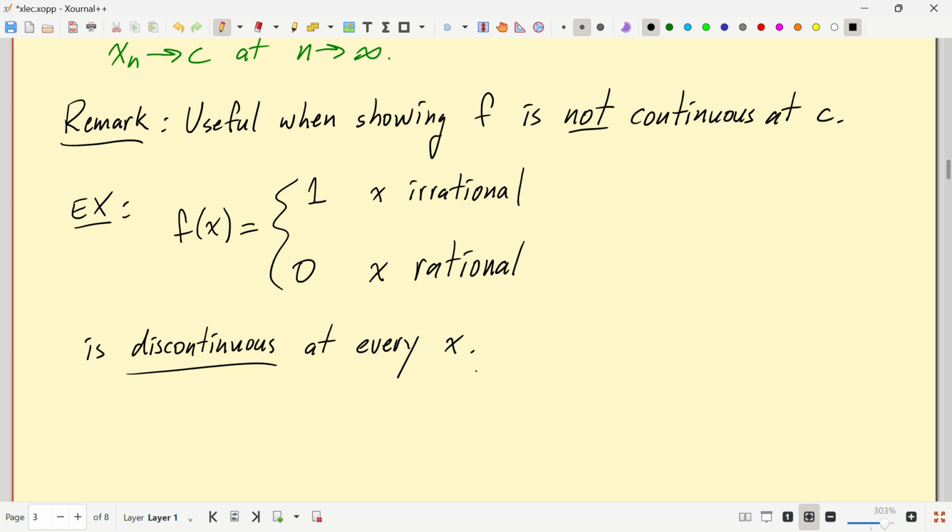We have the density of both the rational numbers and the irrational numbers. So I could very easily cook up a sequence that's rational, irrational, rational, irrational, so it bounces back and forth between 0 and 1, and that sequence would tend to, say, a c. And therefore the function would not be continuous at c, because I got a sequence that does not do what it's supposed to do.